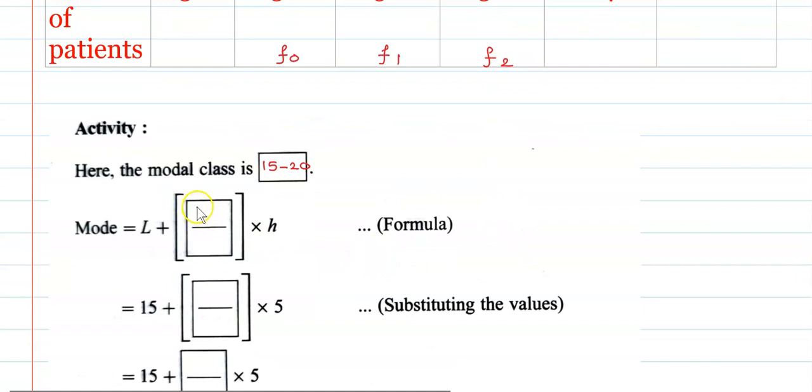Therefore, the formula is F1 minus F0 upon 2 times F1 minus F0 minus F2, into H.